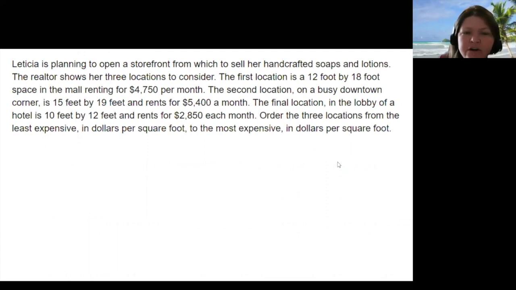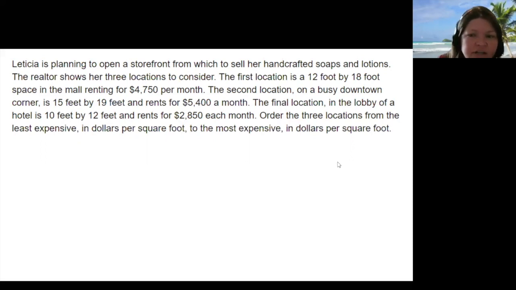Letitia is planning to open a storefront from which to sell her handcrafted soaps and lotions. The realtor shows her 3 locations to consider. The first location is a 12-foot by 18-foot space in the mall, renting for $4,750 per month. The second location on a busy downtown corner is 15 feet by 19 feet and rents for $5,400 a month.